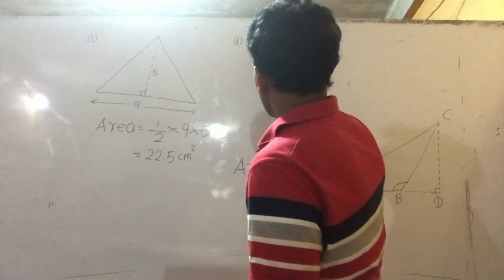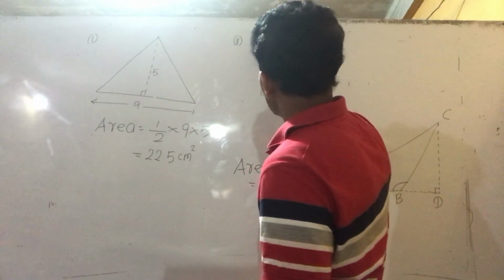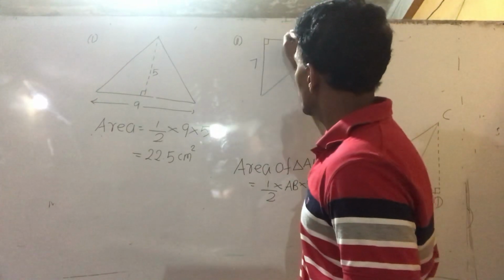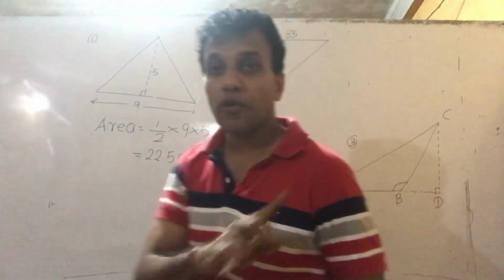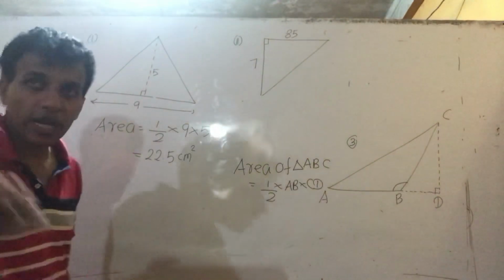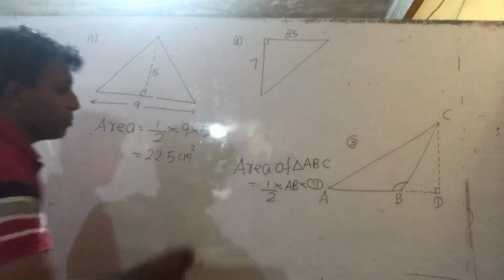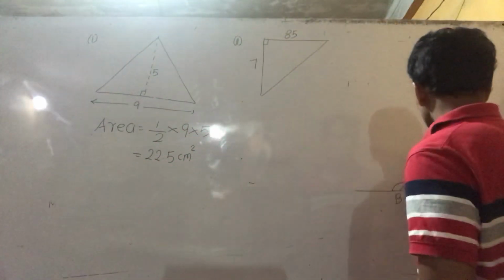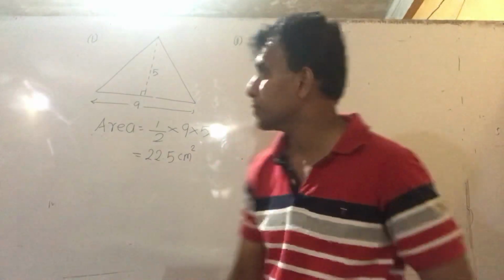See the second diagram. Here 7, here 8.5. This is a right angle triangle, so calculate the area of the triangle. Use the formula: half into base into height, the vertical, perpendicular height.